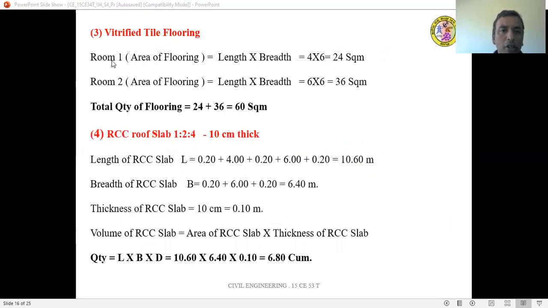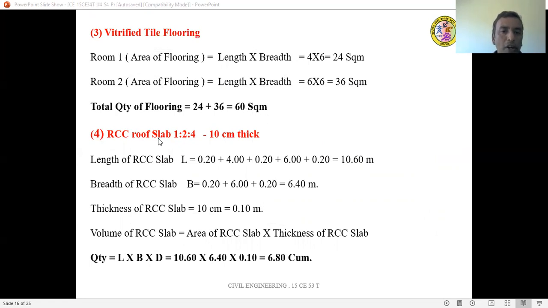Room 1 area of flooring is equal to length of the room times breadth of the room. That is 4 meter in the horizontal direction, 6 meter in the vertical direction. 4 multiplied by 6 gives 24 square meter. Similarly, you calculate room 2 as 36 square meter. By adding the two values, you get the total quantity of flooring as 60 square meter.